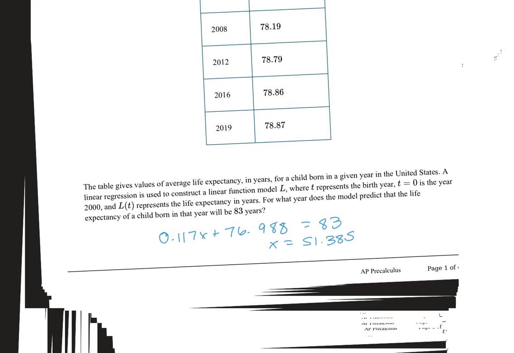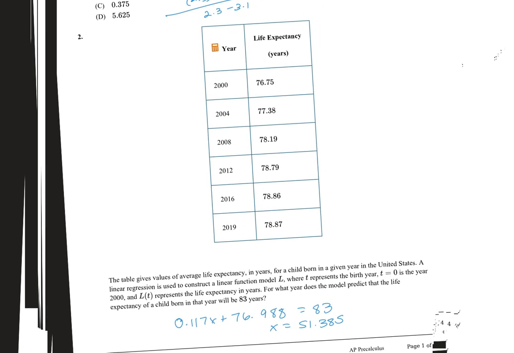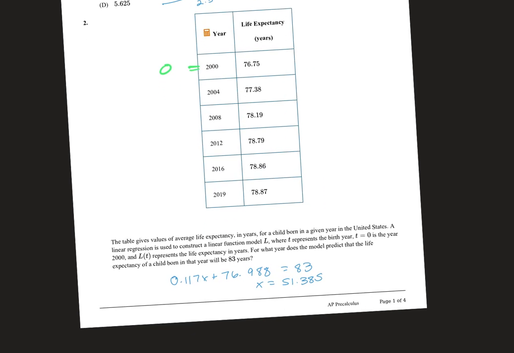The second part of this said the table gives the life expectancy, and so on. It says it's a linear function where t is year 0, or the first one. So 1,000 or 2,000 would have been year 0. And then it wanted you to predict the life expectancy of 83 years. So you had to come up with a linear function.